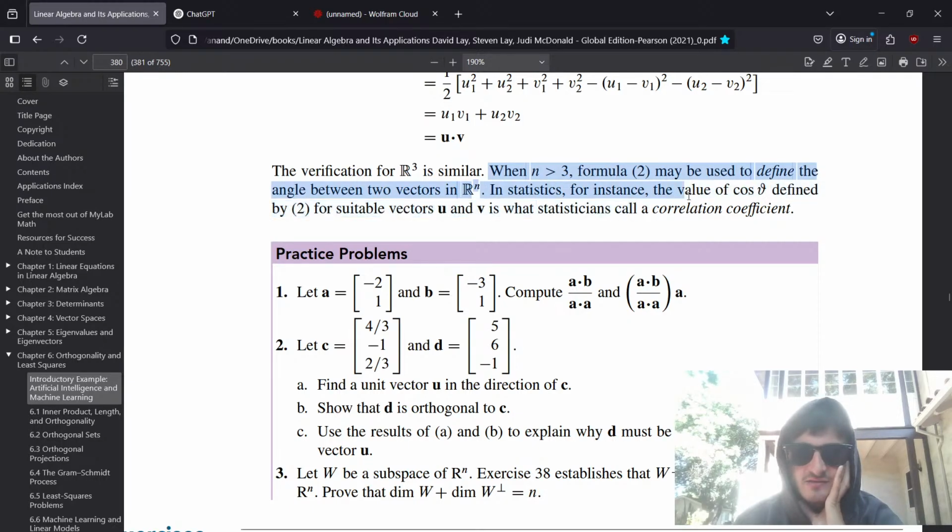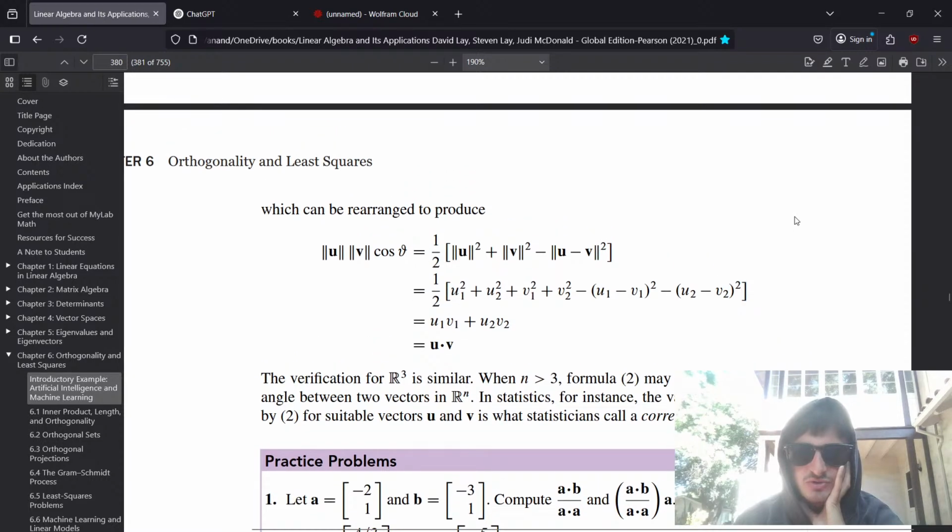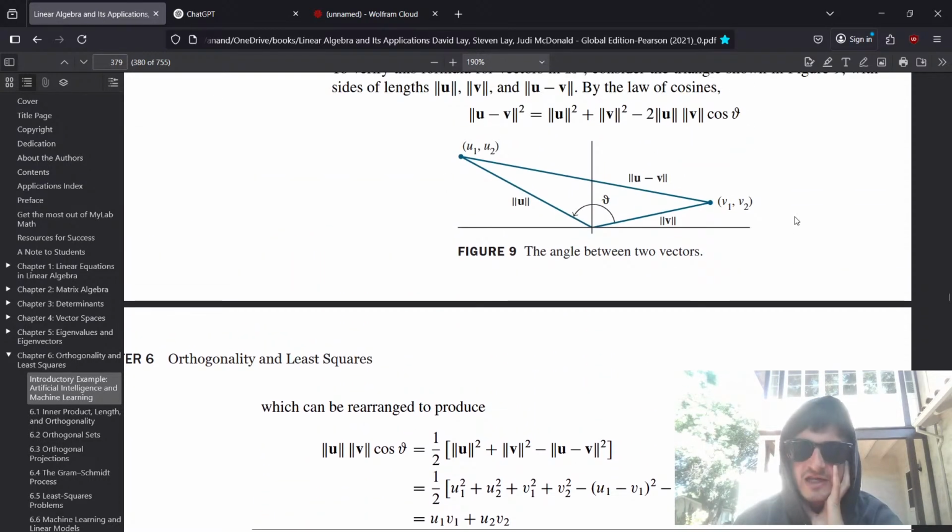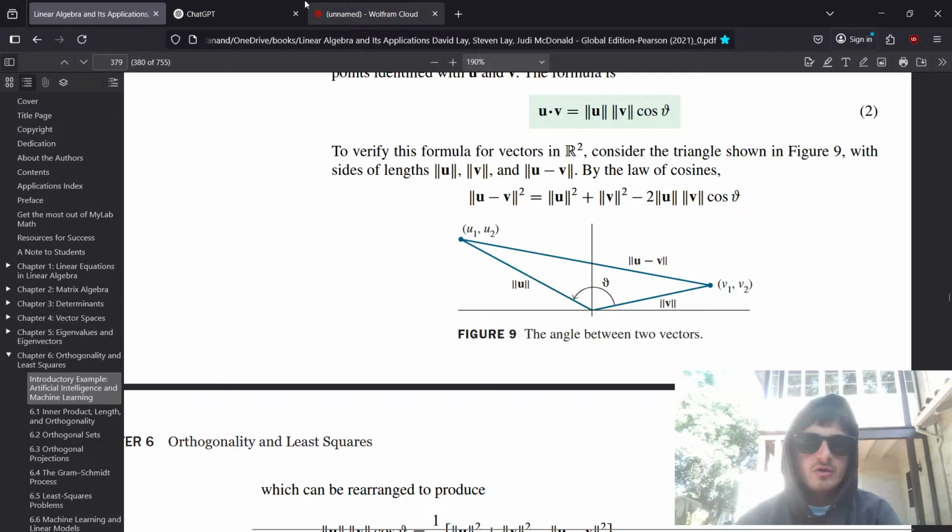But is it true? How do you get the angle between arbitrary vectors in Rn?